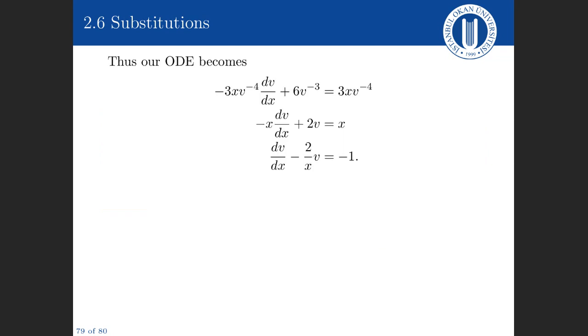If we substitute these into our differential equation, we have this complicated thing: minus 3x v to the power minus 4 dv/dx plus 6 v to the power minus 3 is equal to 3x v to the power minus 4. But we can simplify this to a linear equation: dv/dx minus 2 over x times v is equal to minus 1.